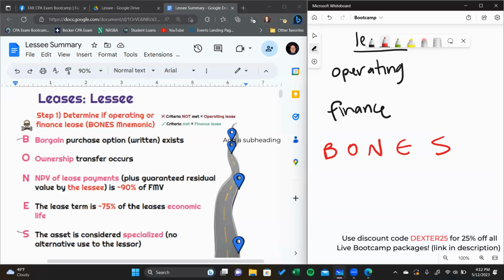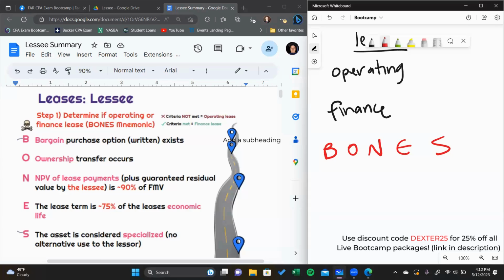Now, essentially what all of these criteria are getting at is when any of these are satisfied, we have a finance lease. And finance leases feel like purchases. A finance lease feels a lot like we borrowed money and then purchased the asset, right?